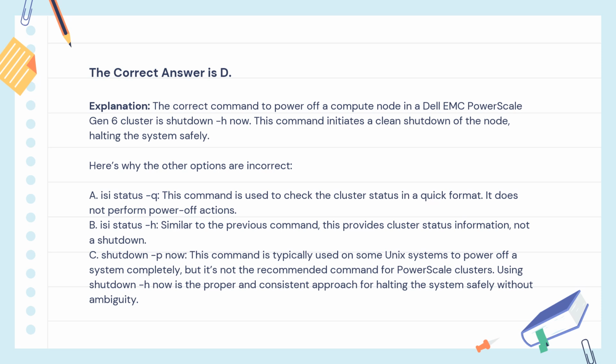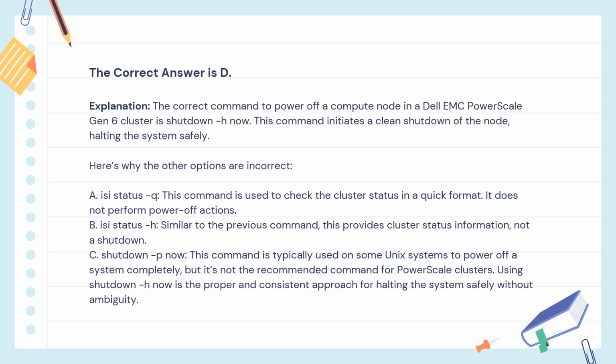Here's why the other options are incorrect. A. isi status -q. This command is used to check the cluster status in a quick format. It does not perform power-off actions. B. isi status -h. Similar to the previous command, this provides cluster status information, not a shutdown.